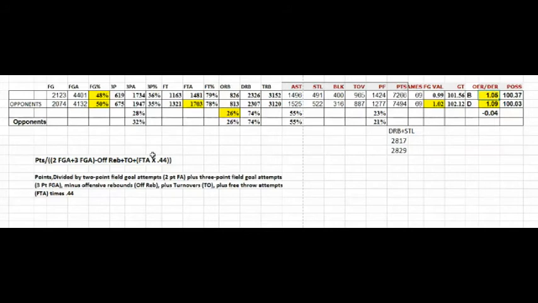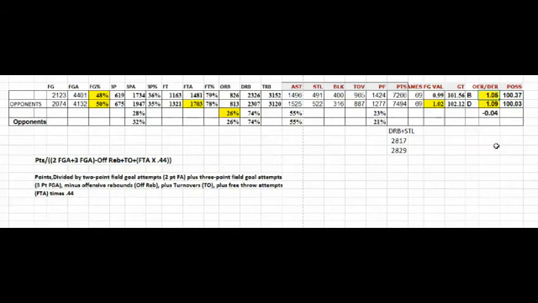So that would be your first number, and then you would put a division sign under it, and then you add those together, minus your offensive rebounds right here, plus your turnovers, TO, plus your free throw attempts times 0.44, and you will come up with a number like this, right? A number that you saw in Dick Lean's study that he did.